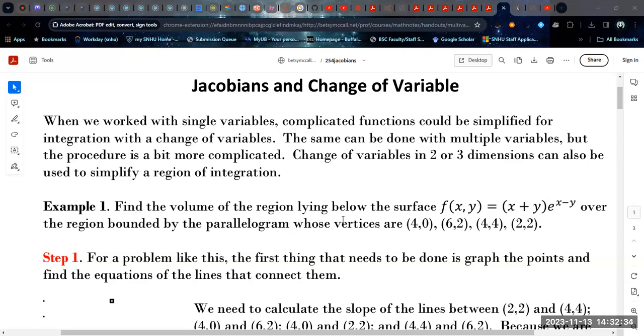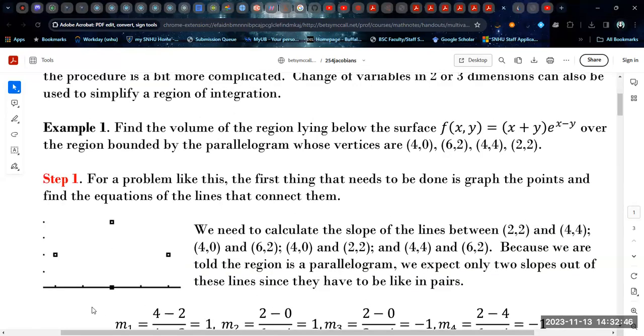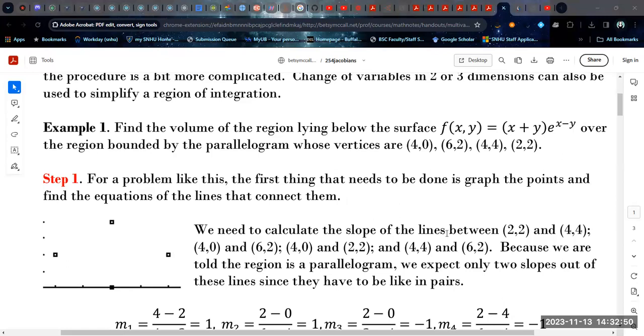So we want to find the volume of the region lying below this particular function over the region bounded by the parallelogram given by these vertices. So what we want to do first is look at our points, and calculate the slope of the lines that connect these points.